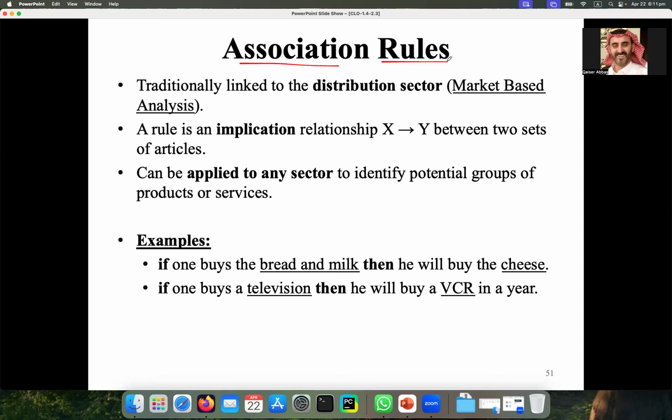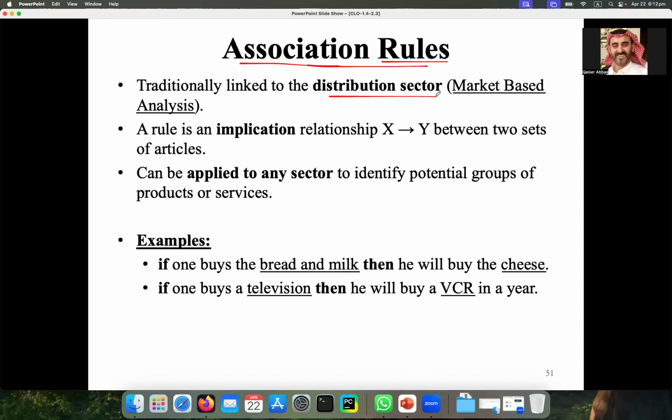And rules, rules is clear. You have to build some rules which can highlight the relationship between two things or more than two things. So this technique, association rule, is normally linked with the distribution sector of the industry. If you have, for example, Coca-Cola company, then Coca-Cola has its distributors.